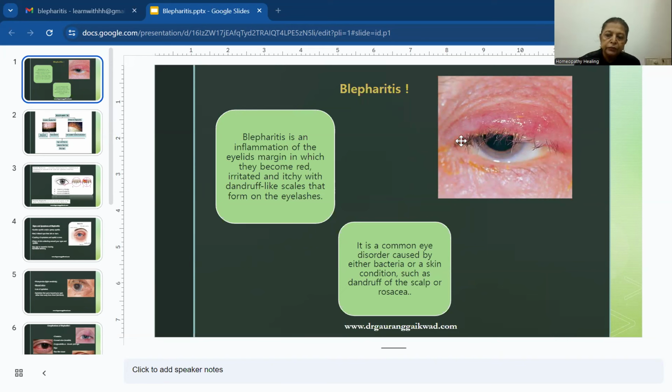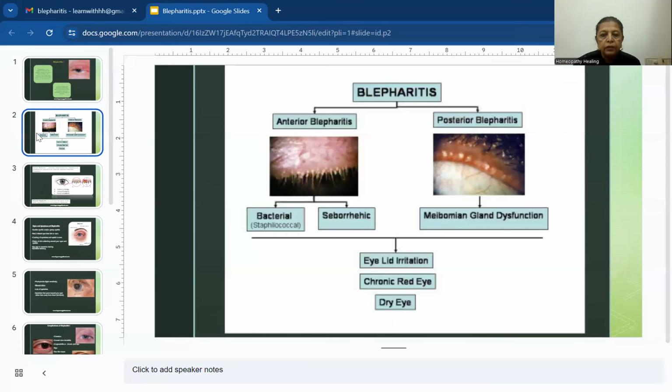And what are the types of blepharitis? When you talk about the lid margin, there is an anterior border and a posterior border. When the anterior border is inflamed, that is known as anterior blepharitis.